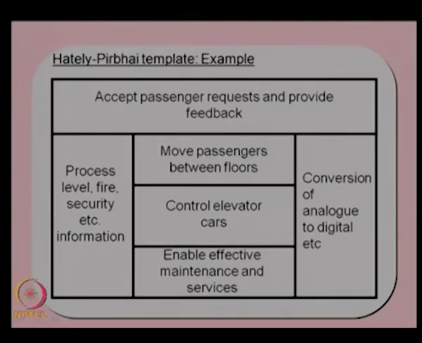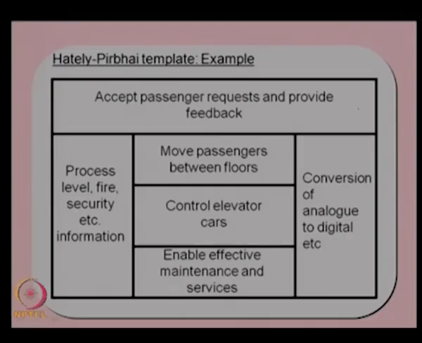Again we need to go back to this HP template, and instead of move passenger between floors, we write accept passenger request and provide feedback as the process model, and then divide that into sub functions and identify all the sub functions needed to provide that particular function, and keep on doing this till we reach the lowest level function. So, that is how we use the HP template to decompose the functions into sub functions.